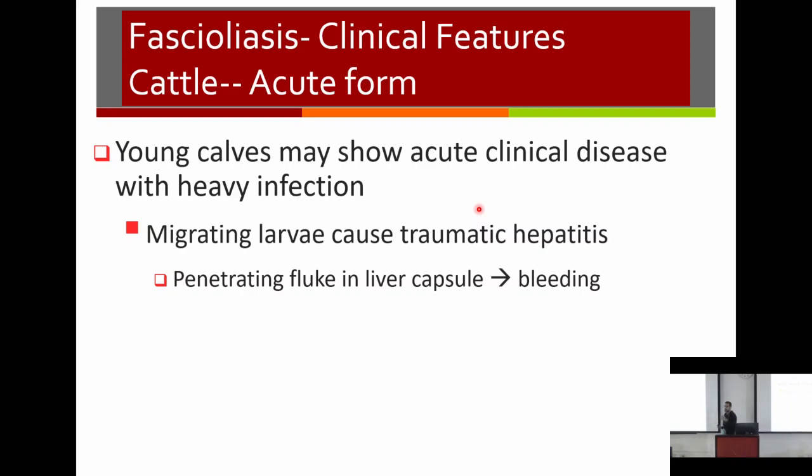The larvae, meaning the juvenile stage of the fluke, penetrate the liver capsule and are responsible for bleeding. So this is the acute form of the disease seen in cattle.